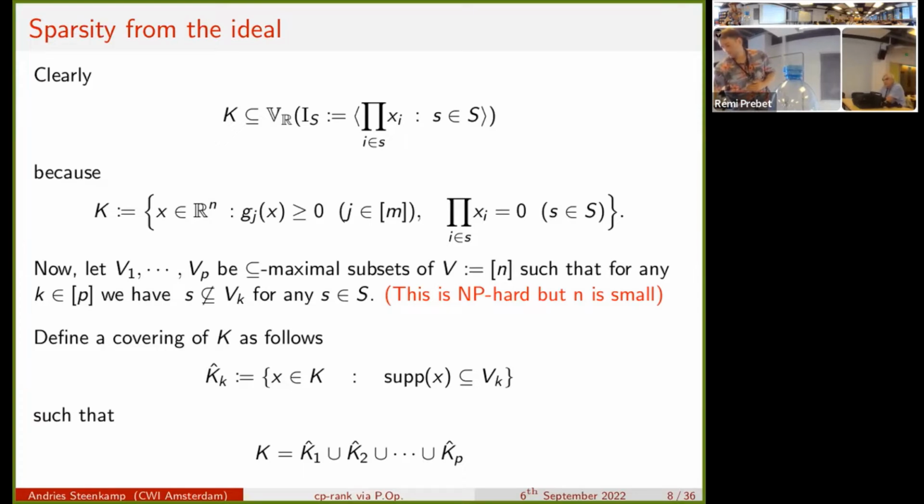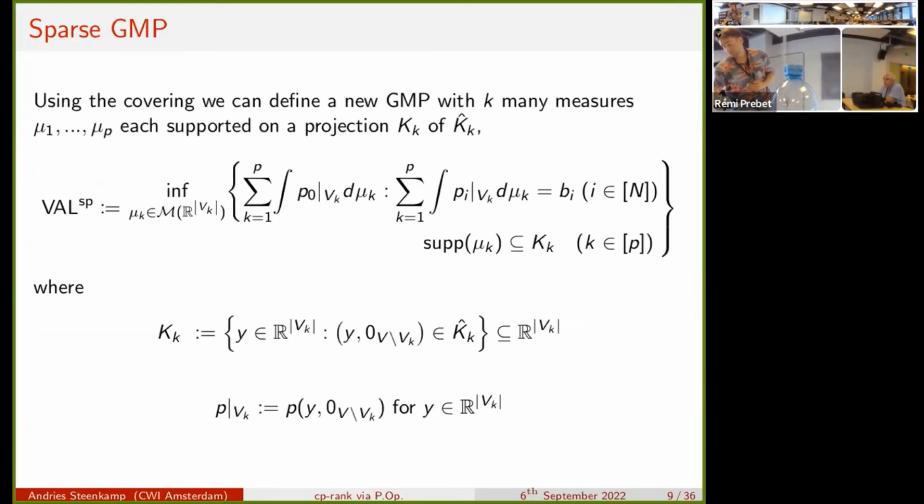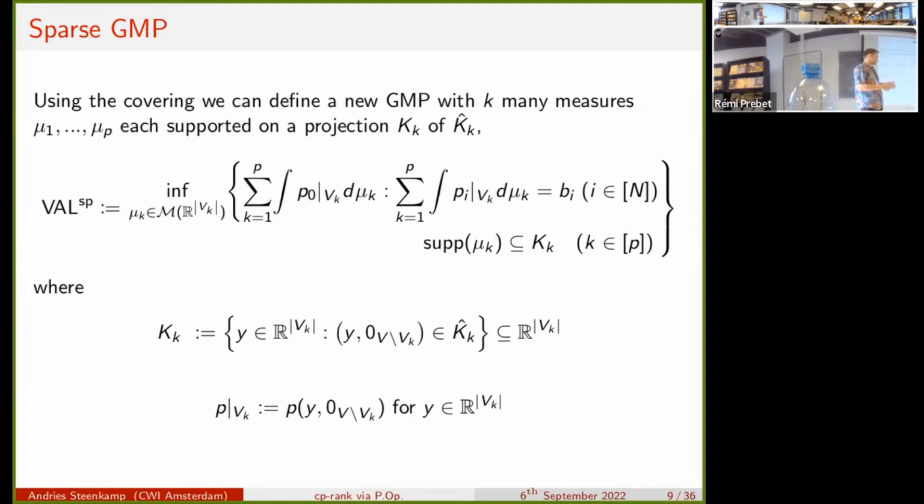All right, so we've broken up K, or we have a cover of K. Now, using this cover of K, we can define a new GMP. Now, instead of having one measure we're optimizing over K many measures, one for each of these new K_k's. Because these K_k hats don't have full support, they're lower dimensional, so you go to the ambient real space, R to the V_k, and you just project upwards. This GMP, we saw the vol ID before, now we see the vol SP, optimizing over K many measures.